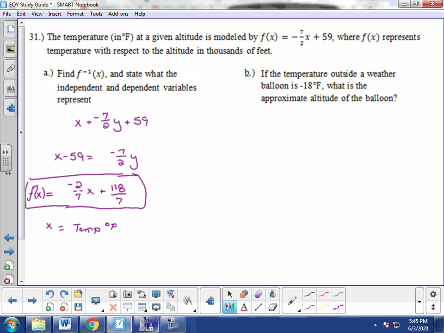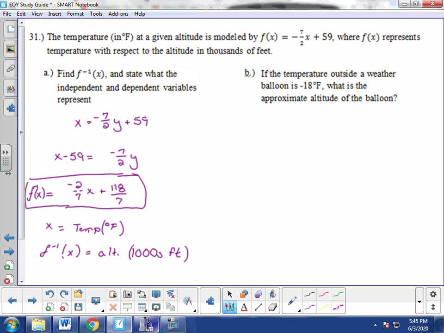And the inverse of f of x is the altitude in thousands of feet. So the independent and dependent switch when we take the inverse.